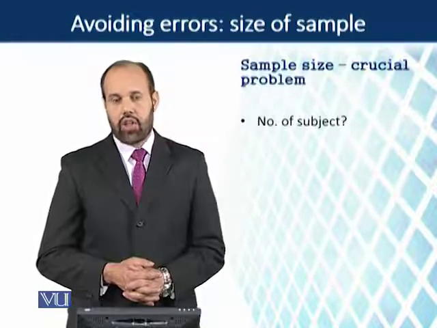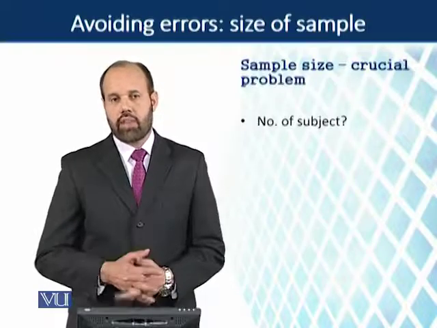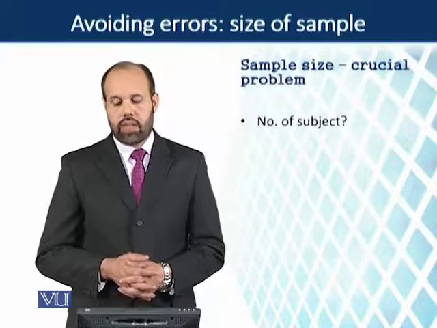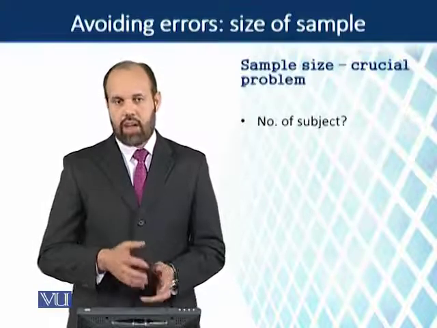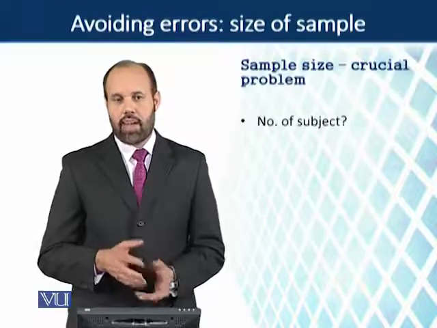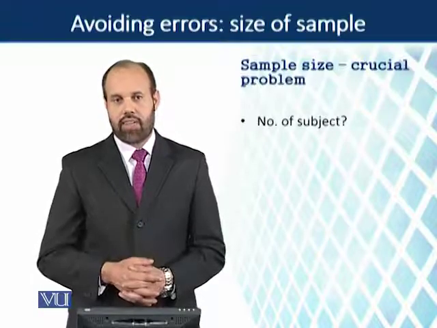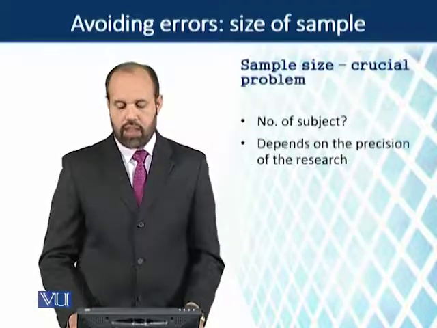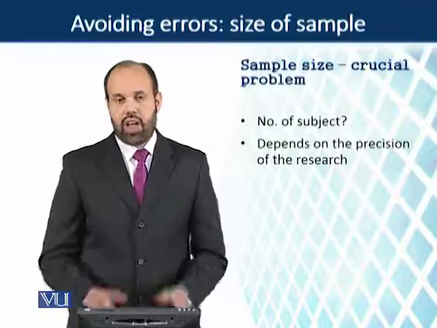And as a researcher, we must know the nature of the study which is being carried out by researchers, okay? So which number of subjects is accurate and appropriate for our sample size? That's a question, and we must explore how we can answer it.